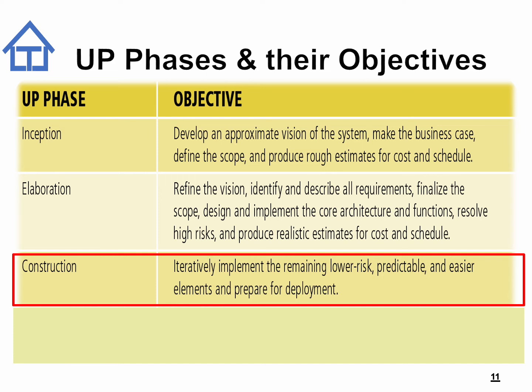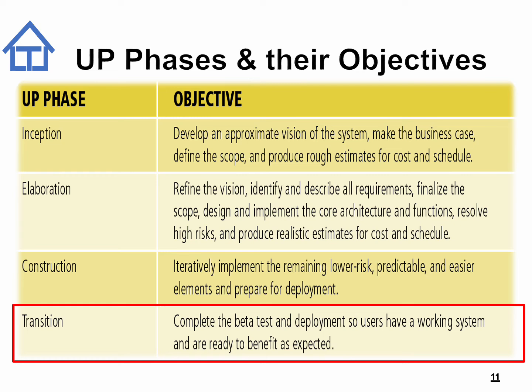The construction phase. The main aim of the construction phase of the UP process is to iteratively implement the remaining lower risk, predictable and easier elements and prepare for deployment. The construction phase is similar to the implementation phase in the software development lifecycle.